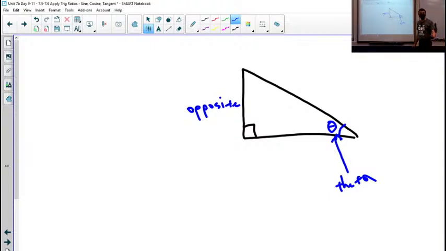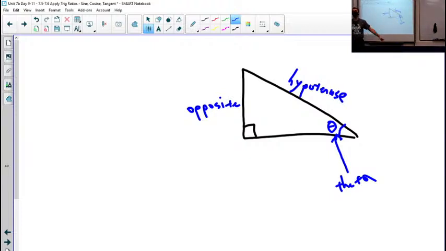Our opposite is our side that's across from the angle that we're talking about. That's our opposite leg. We also know the name of this side because it's across from the right angle. That's our hypotenuse. So we're going to call it the hypotenuse.